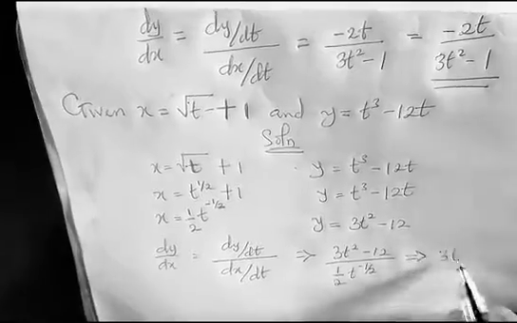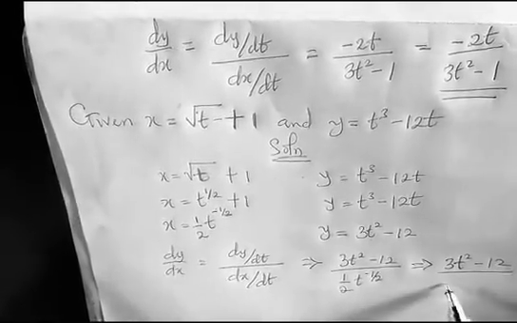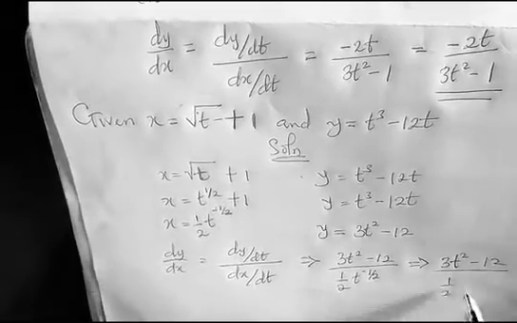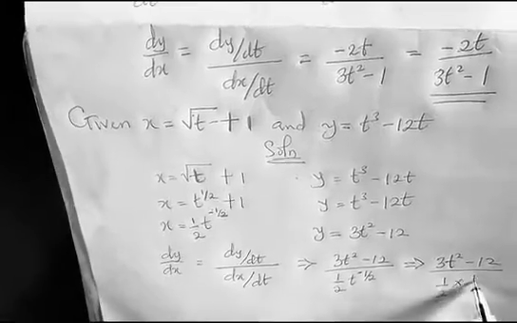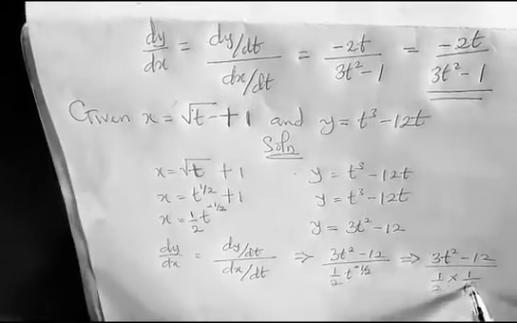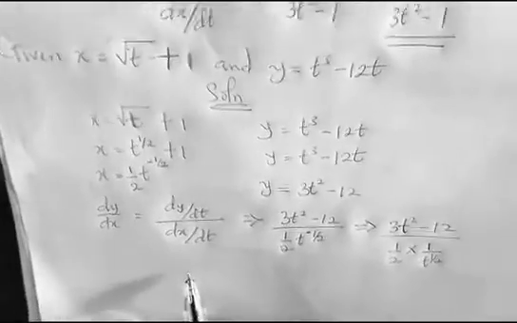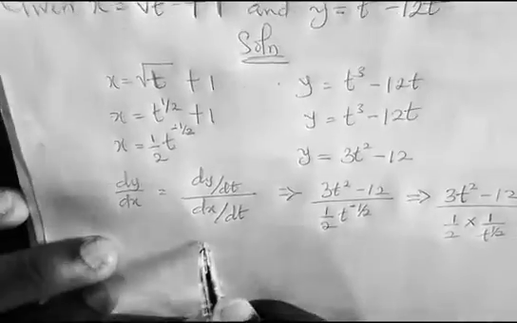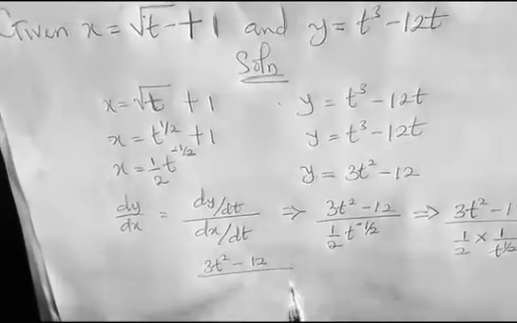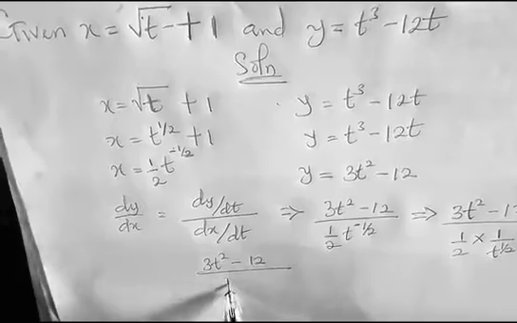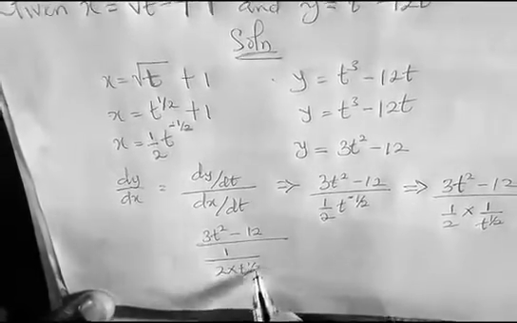This will give us 3t squared minus 12 all over 1 over 2 multiplied by, if we apply indices to this, 1 over t raised to the power 1 over 2. And that will now give you 3t squared minus 12 all over 1 over 2 multiplied by t raised to the power 1 over 2.